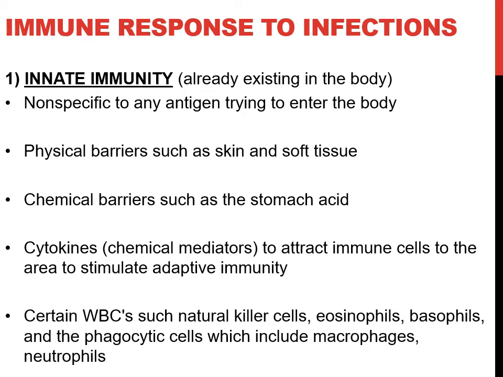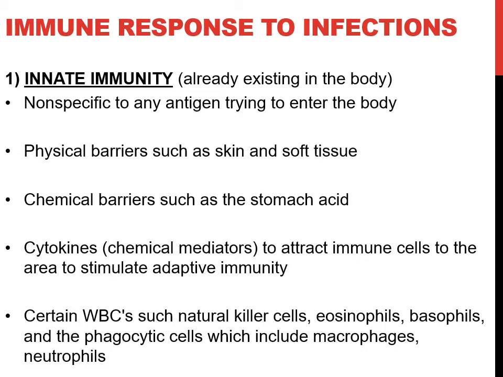Your digestive juices and the mucus that's in your digestive tract will help clear potential invaders. The acid that's in your stomach acts as a chemical barrier, right? The pH in your stomach is often between 2 and 4, so very acidic.